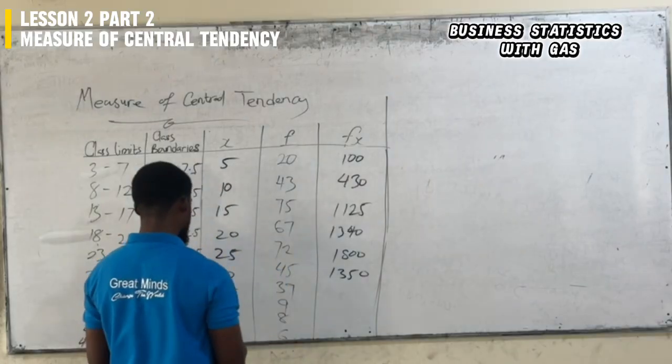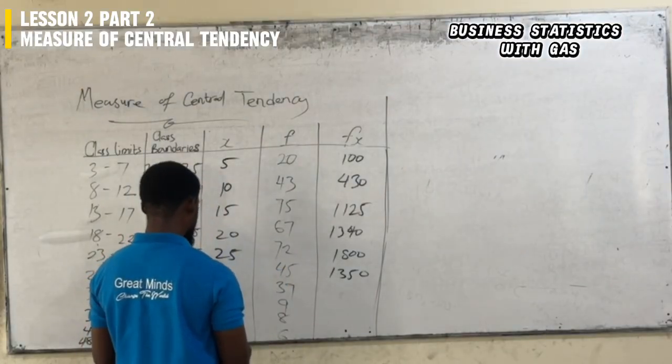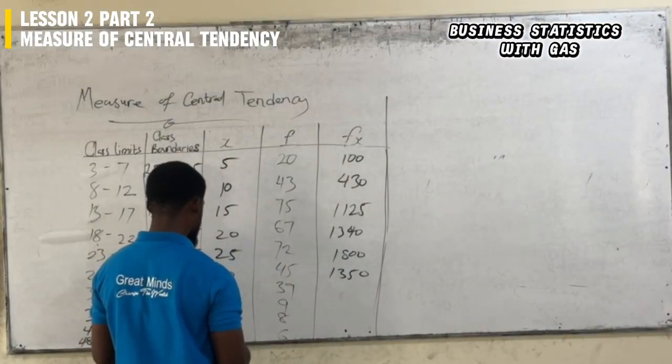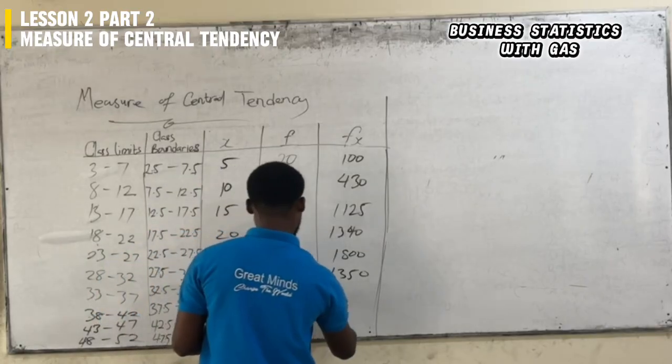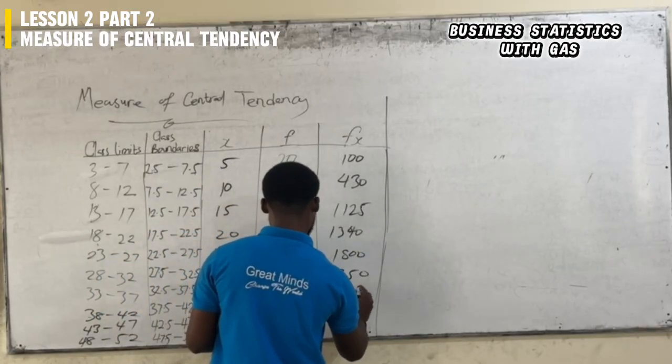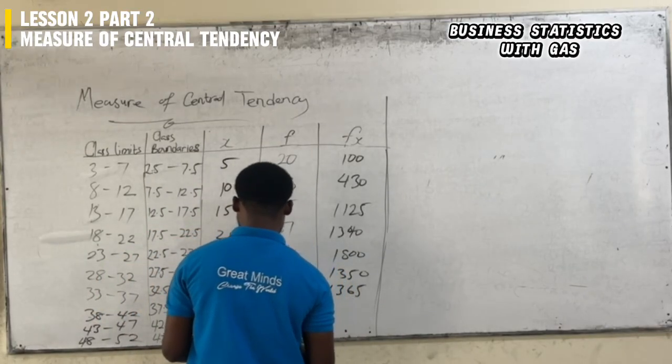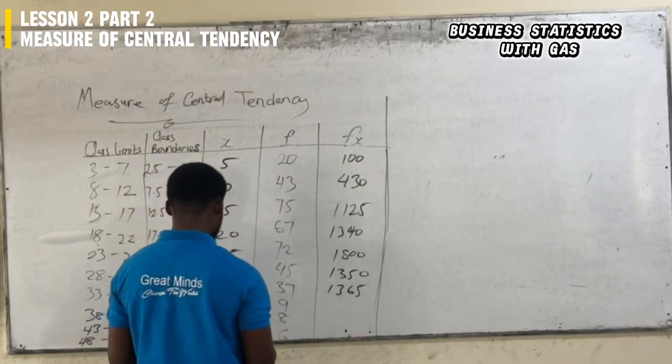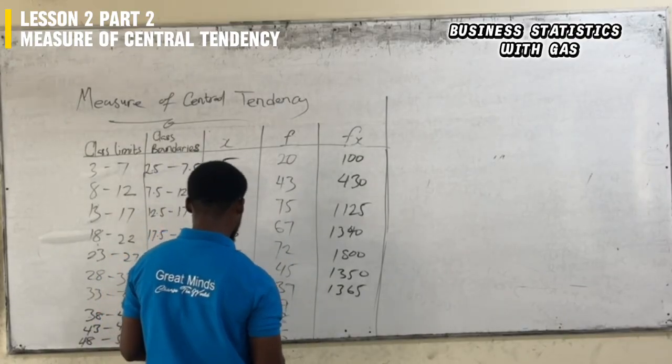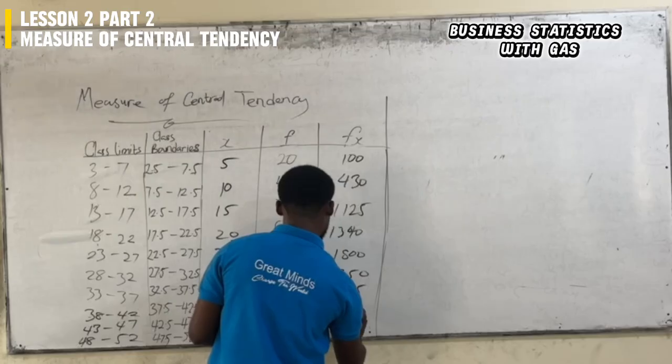When you multiply 35 by 39, you are getting 1,365. When you multiply 40 by 9, you are getting 360.